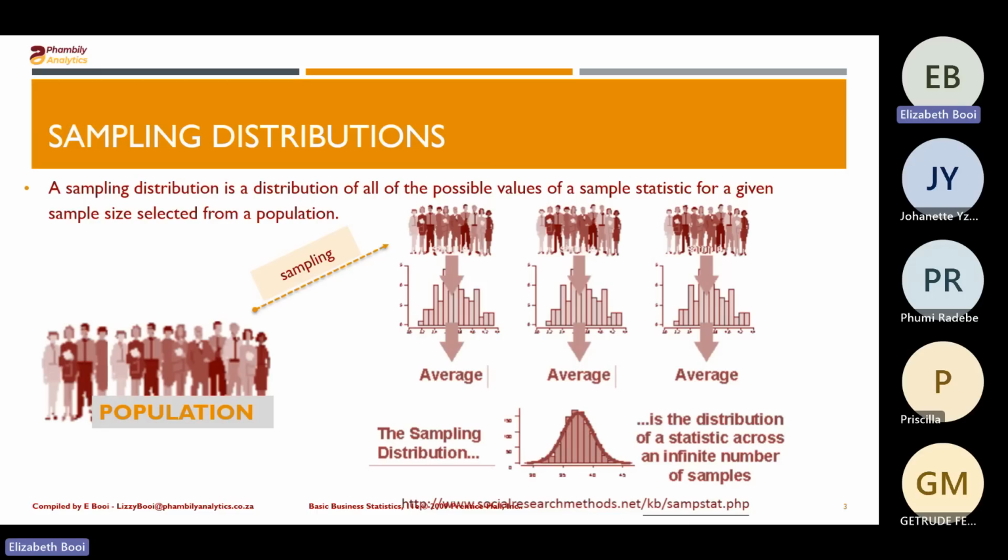Therefore, we need to make sure that we are able to standardize those samples in order for us to have normally distributed samples. And that's what we're going to be doing. So the process of sampling distribution is taking all the averages from all the samples and transforming them into a normal distribution.